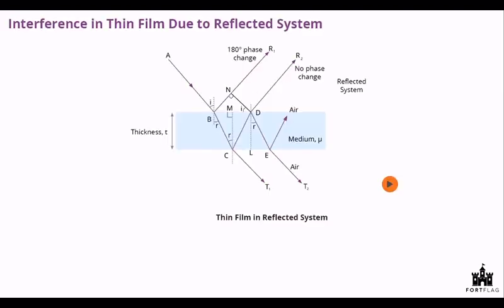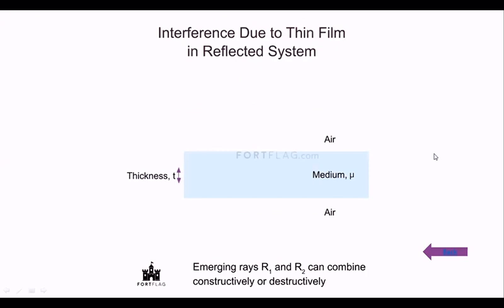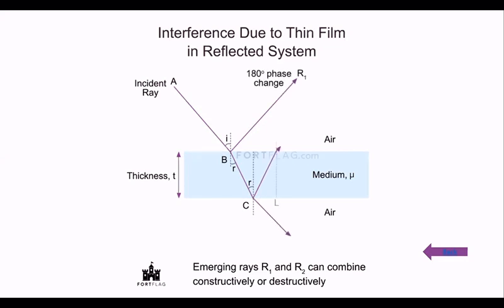Okay. Then we had discussed interference due to thin film. Last week we saw that, here let me play the animation for you. You can see we have a thin film of thickness t with refractive index mu, and an incident ray AB is striking at point B, making an angle i with the normal, so you get a reflected light and a refracted light.